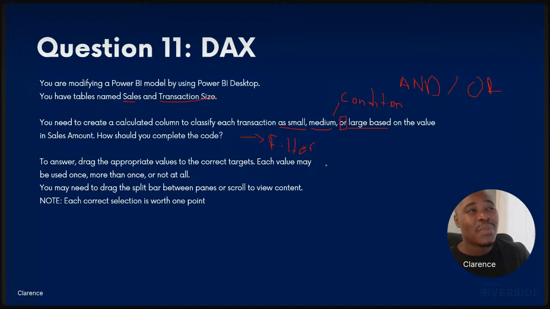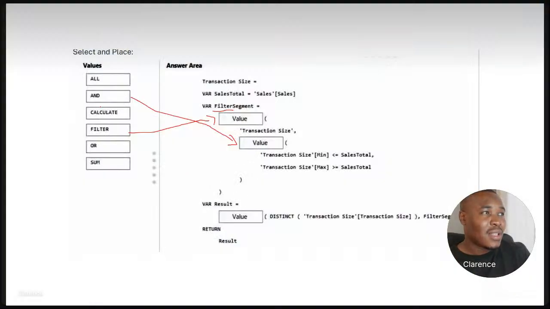I think this one is a bit of a tricky one. I'm going to be honest with you, because if I try to understand whether we're going to use an or statement or not, it's very tricky deciding whether we're going to use an or. So we apply the filter on the transaction, and the transaction size is minimum. So you assign transaction size is less than total sales, then transaction size is greater than.